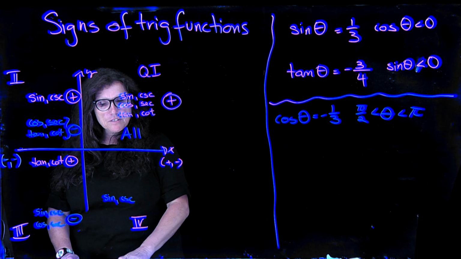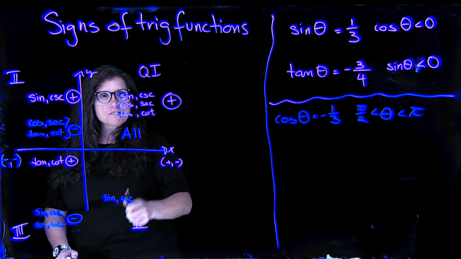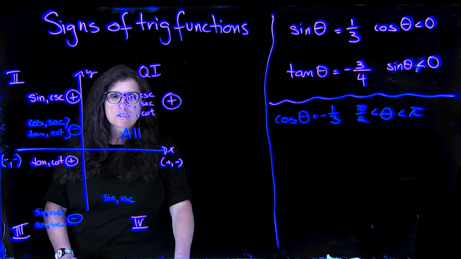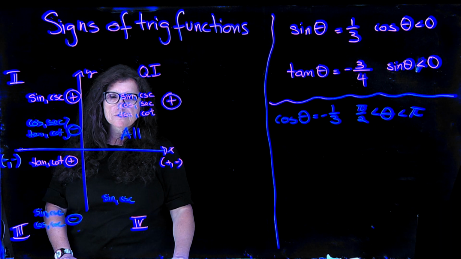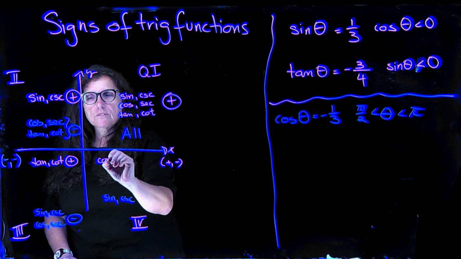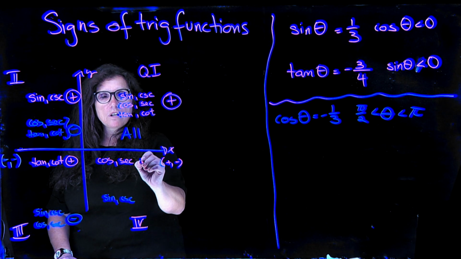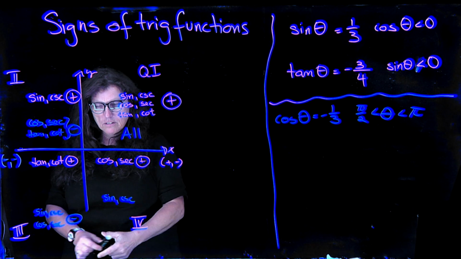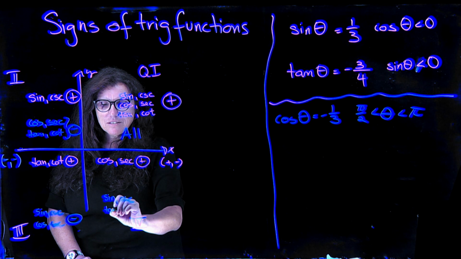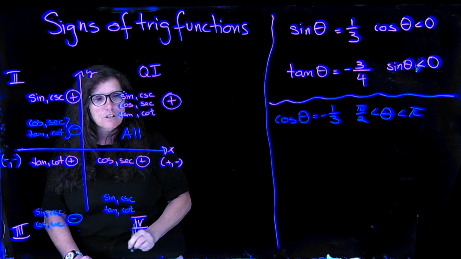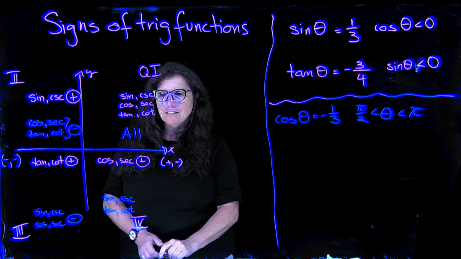If it's positive on the x-coordinate, what was the definition? Which trig function was the x-coordinate? 2 seconds. Cosine. So cosine and secant in quadrant 4 are positive, and that also means that the tangent and the cotangent in quadrant 4 are negative.